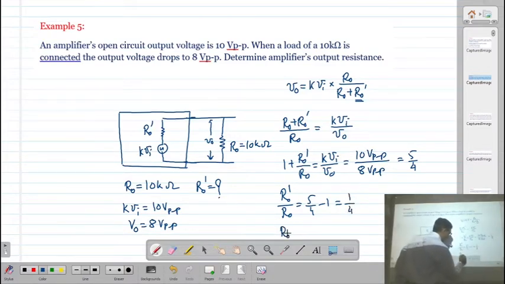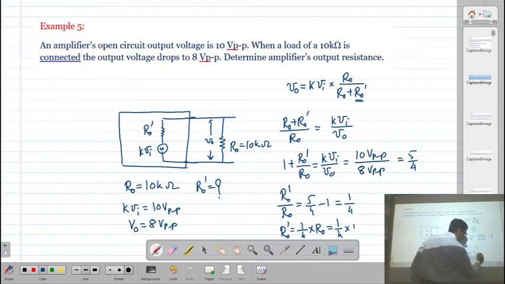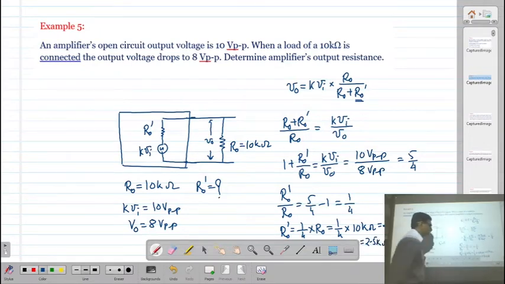So RO dash is equal to 1 by 4 into RO, and that is 1 by 4 into 10 kilo ohm, and your answer will come out to be 2.5 kilo ohm. Here you can see it is 2.5 kilo.